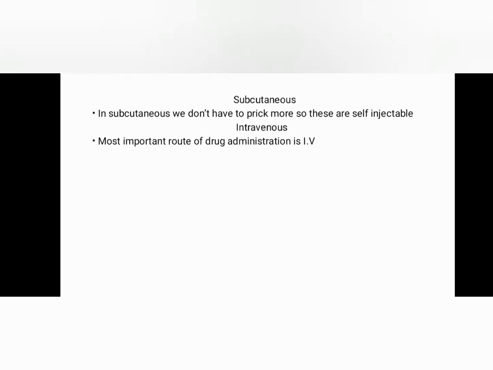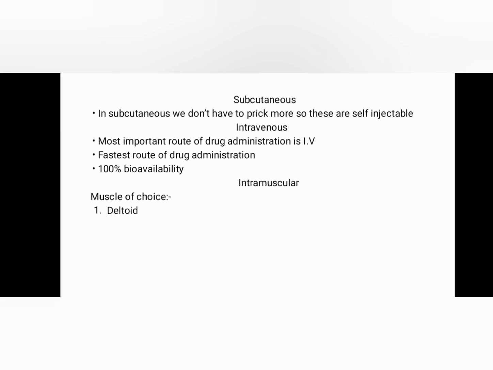Intravenous, also called IV, is the most important route of drug administration, the fastest route, and has 100% bioavailability, which means the drug is 100% available to the body. Intramuscular: in this we directly inject into the muscle of choice, which may be the deltoid, triceps, gluteus maximus, or rectus femoris.